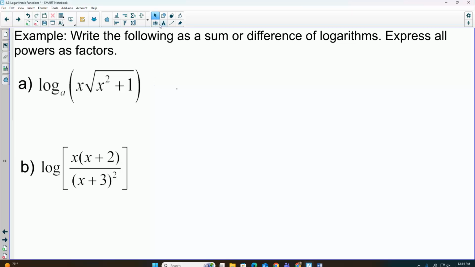And this one tells me to write the following as a sum or difference of logarithms. A lot of times you'll just be told to expand, which just means break it apart. So what we were doing, just a more complex expression to start with. So what would we do first?